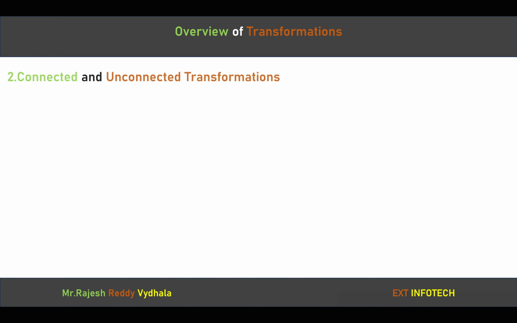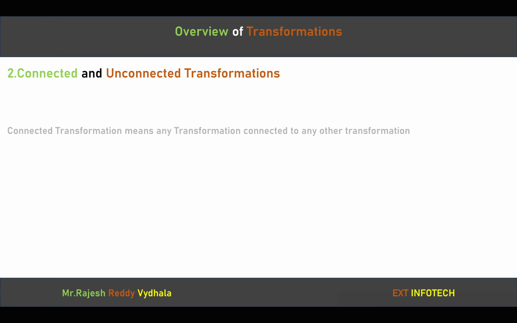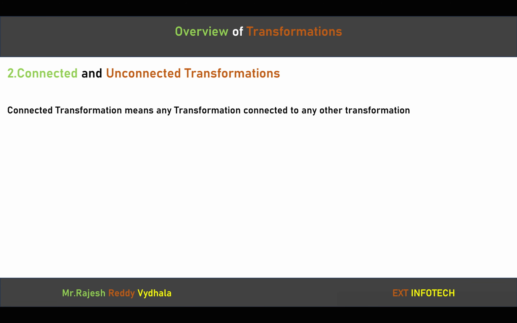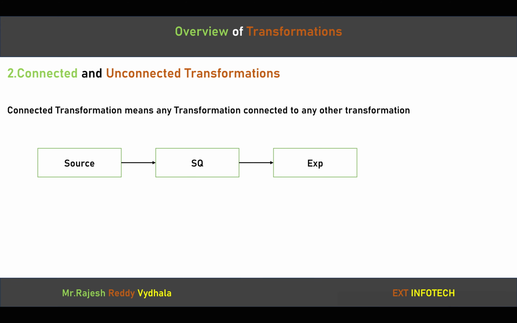Then we'll see connected and unconnected transformations. If a transformation is connected to another transformation, we call it a connected transformation. If a transformation is not connected to any other transformation, we call it an unconnected transformation. Now let's see one simple example. I have one source, then I use a source qualifier, then an expression, then I load data into the target table.